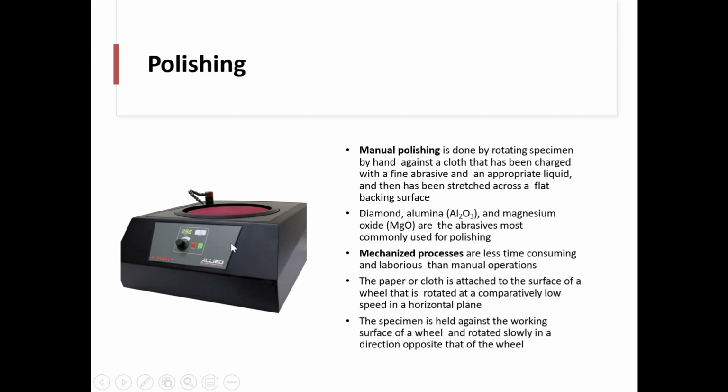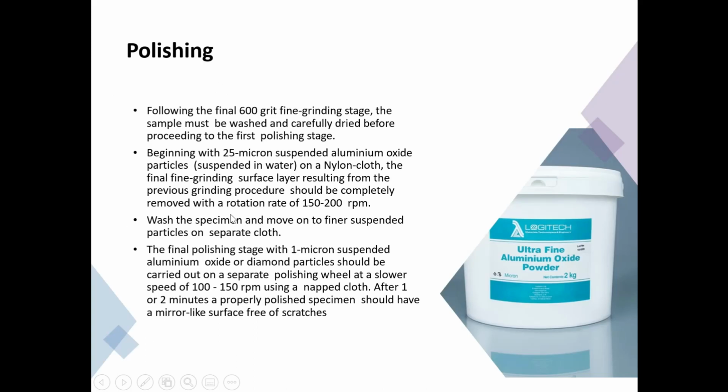So, this is a mechanized process where you can control the speed of this disc by using this knob. The material used for this disc is a velvet material, and coolant can be used in order to reduce the heat generated during the polishing. Over this cloth we can add diamond or aluminum or magnesium oxide as an abrasive material.